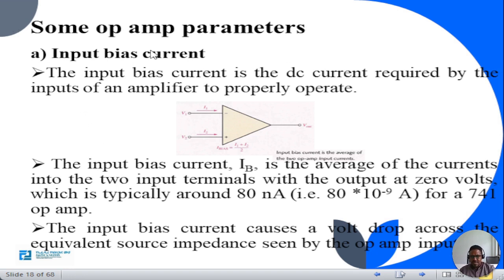So let's see some op-amp parameters. There are 6 or 7 parameters of an op-amp. The first one is input bias current.